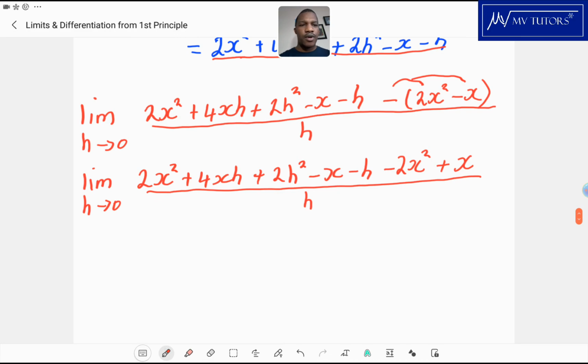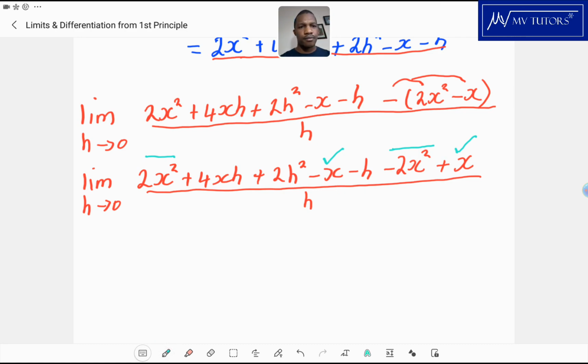So let's see what happens here. Look at this. This 2x squared is subtracted by that one, so when you add them, it's 0. And then I have a minus x there, which is going to cancel with a plus x there. What else do I have?